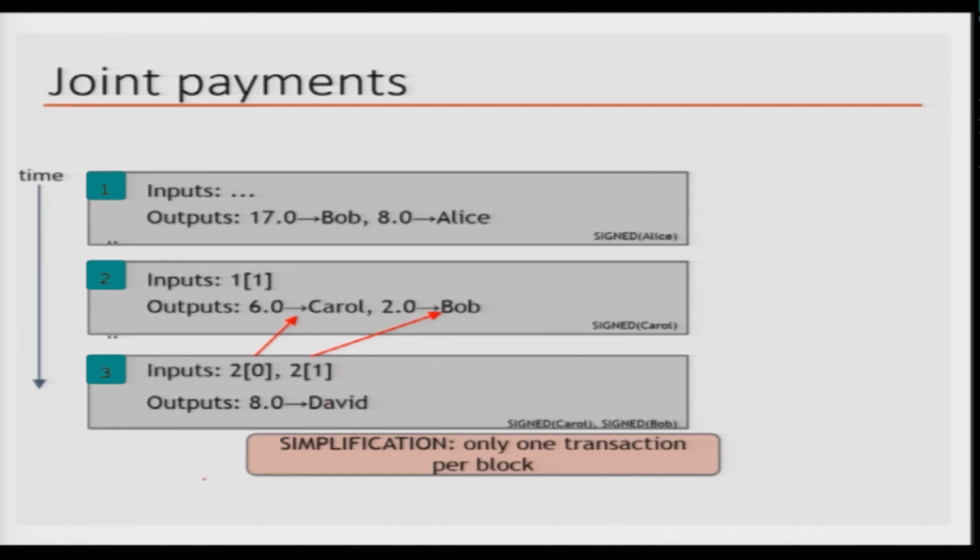So, they can put in a joint transaction, but remember that they have to both sign this transaction, because Bob or Carol by themselves do not have the right to spend both of these outputs, right. So, they have to do a joint signing, and we will see how that works in a little bit.